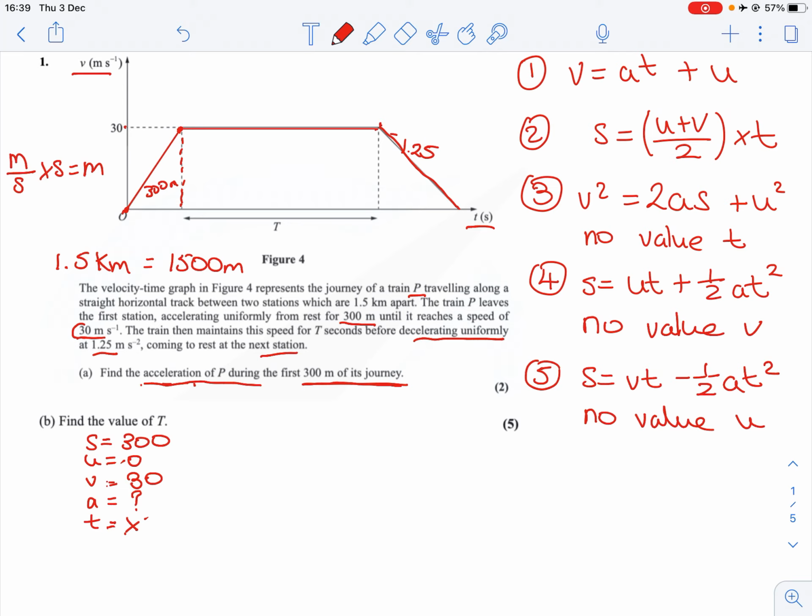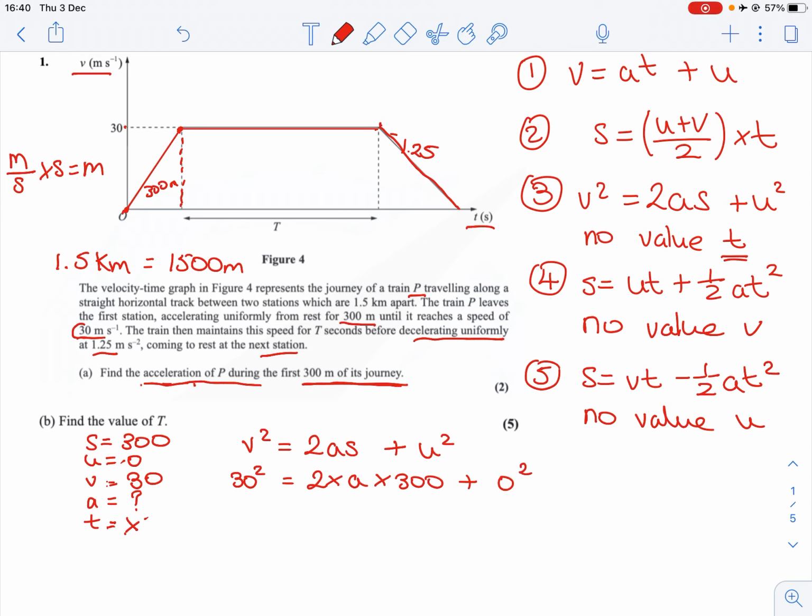So look back to our 5 original formulas. When we have no value for t, we're going to use equation 3: v squared equals 2as plus u squared. We just substitute our numbers. v is 30 squared, 2 multiplied by a, which we want to find out, and s is 300, plus u squared, where u is 0 squared.